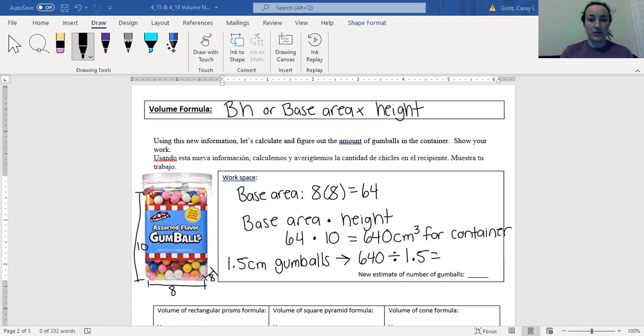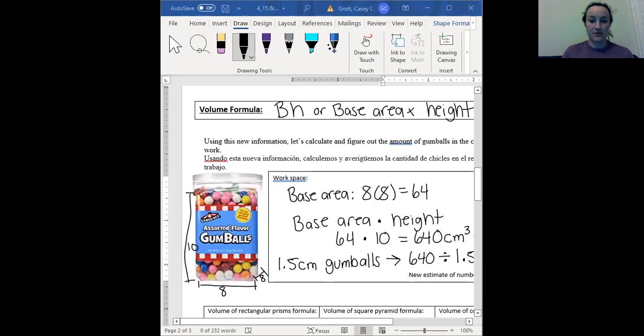So if you go back to Schoology and we go to our class, okay, Desmos calculator, if you're not there yet, let's go ahead and get there. And so our note said we were going to do 640 divided by 1.5. This is approximately how many gumballs are going to be in that container. Okay, kind of split my screen so that way you guys can see both, hopefully.